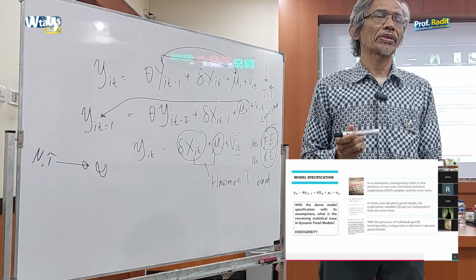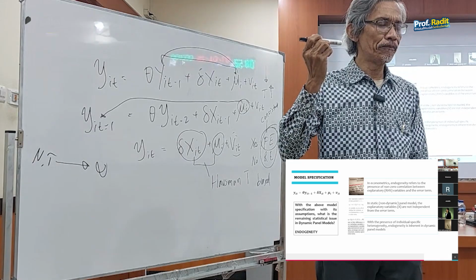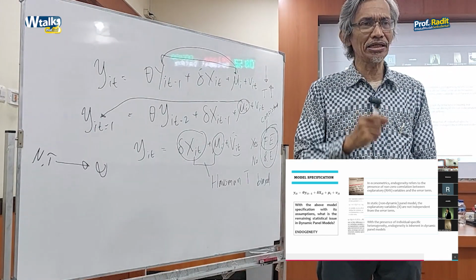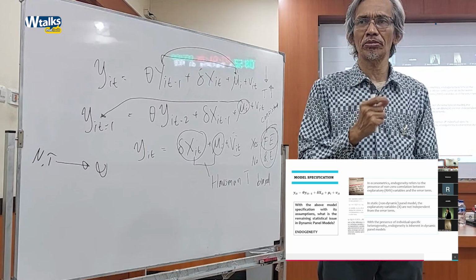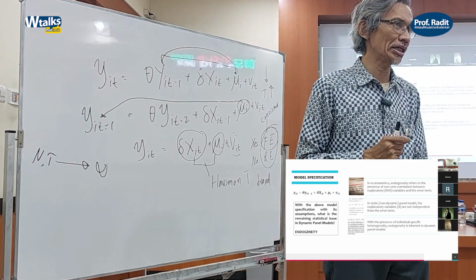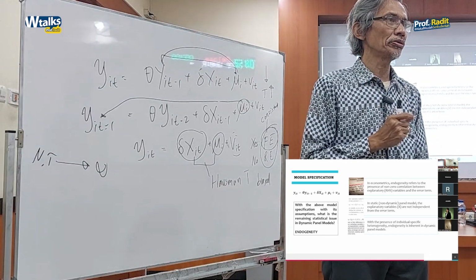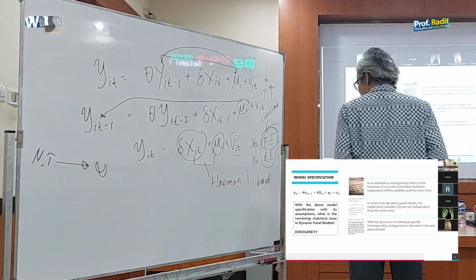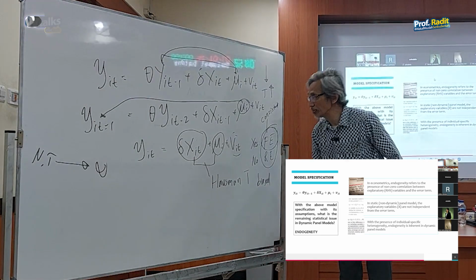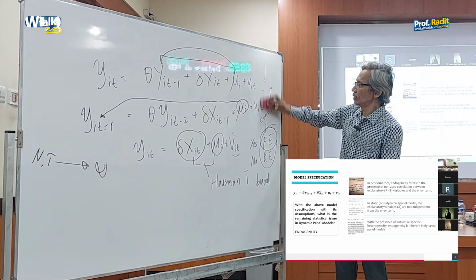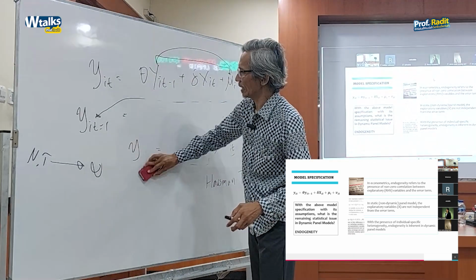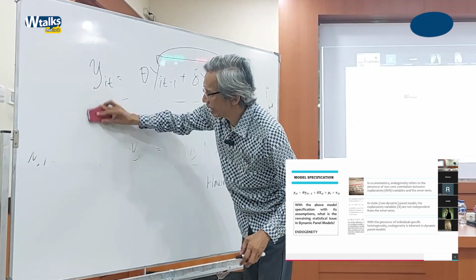For endogeneity problems, the best or standard way to deal with them is to use what we term instrumental variables. In any problem that has endogeneity, normally we use instrumental variable techniques in order to estimate.